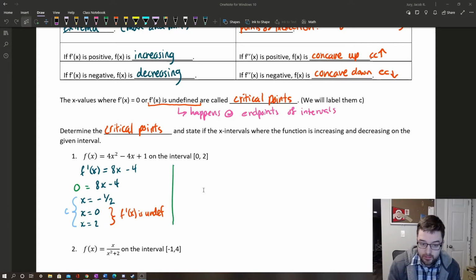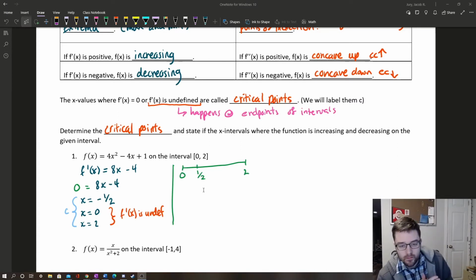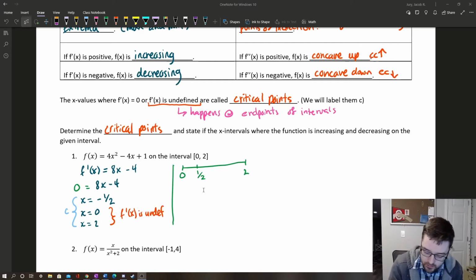So I'm going to take a number line approach to this, and I'm going to draw up my interval. So 0 to 2, and then I've got 1/2 in here. The number line is going to help me visualize what's going on with these intervals. So I want to know where these functions are increasing and decreasing.